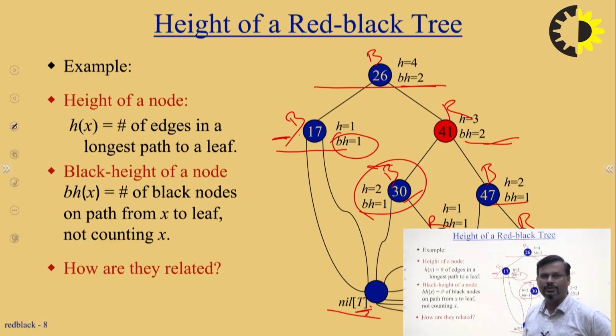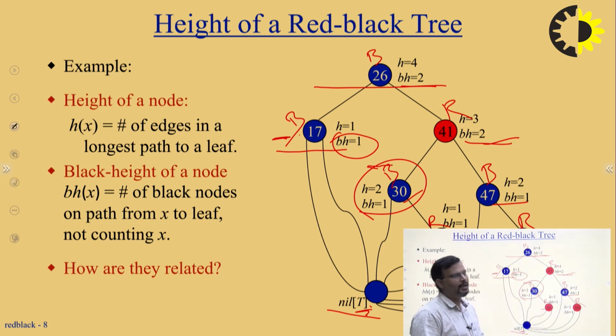So always consider the black nodes except the root node or the particular node. Suppose I take this 17, and we want to find the black height of this 17. Then except this 17, how many black nodes? Only 1. Then the black height is 1.